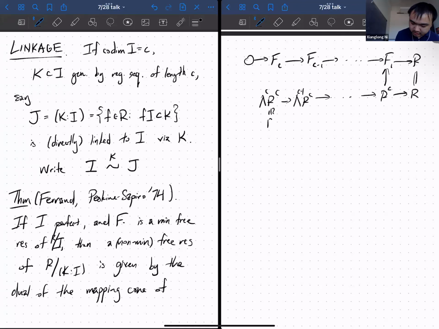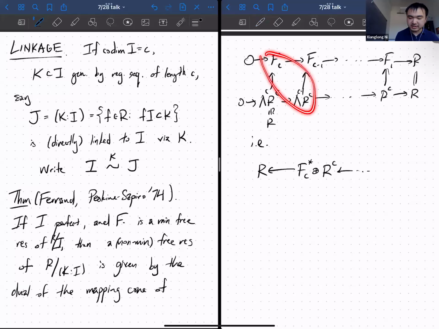This one's isomorphic to R, right? And then you take the dual of the mapping cone, which means the resolution will look like this: F_c dual plus R^c, and so on. The first free module here is the dual of these two, and the next is the dual of these two, and so on. Now, there's some evident non-minimality here. For example, at the very end here, these will cancel out.